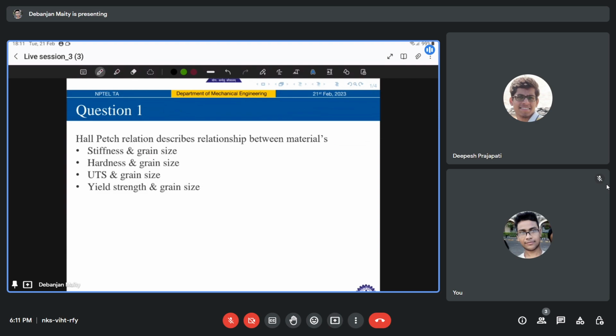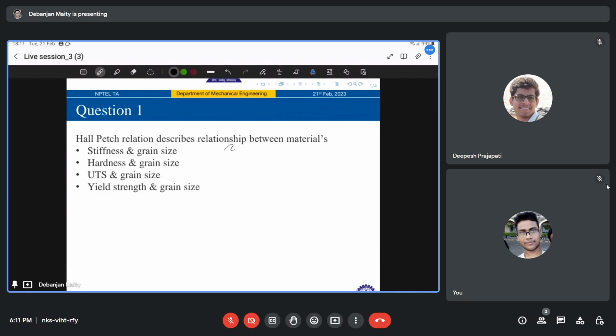If you see the Hall-Petch relation, it gives you the relation between yield strength and grain size. Now in terms of strengthening, it is the ability of a metal to deform plastically, and it depends basically on the ability of dislocations to move, right?